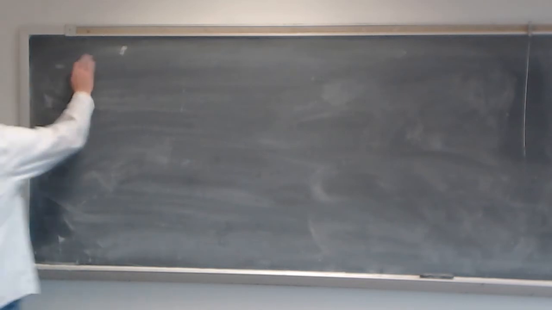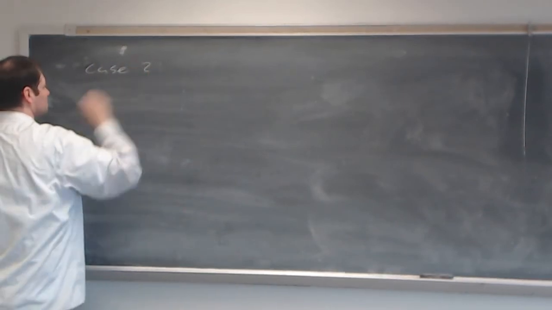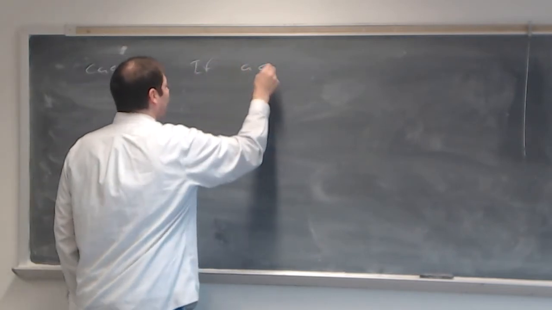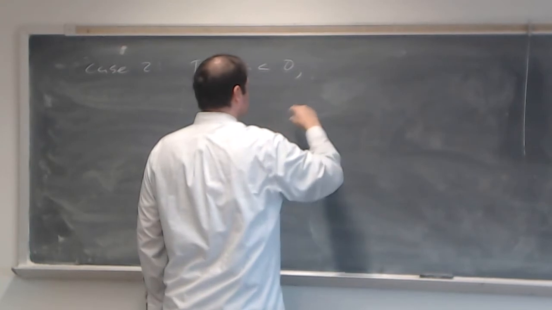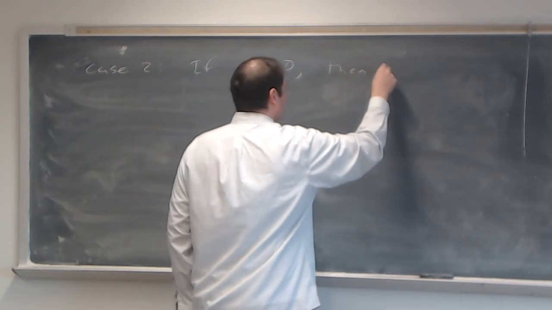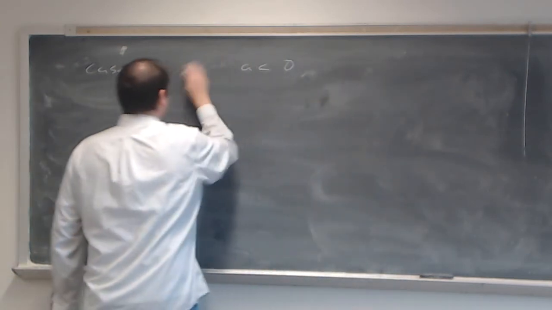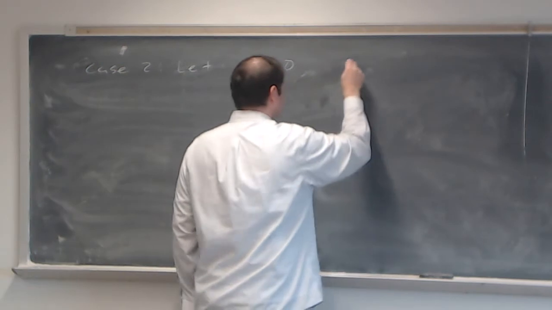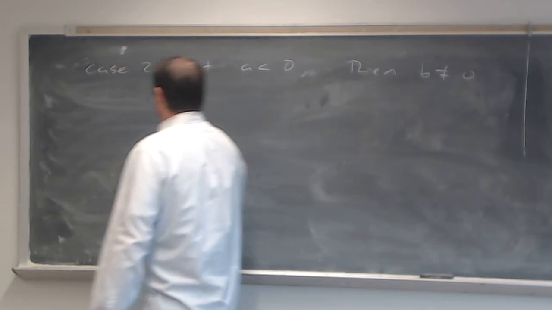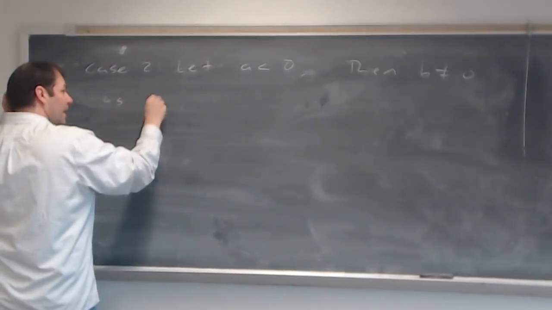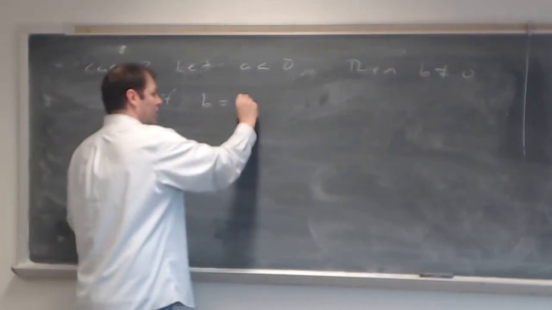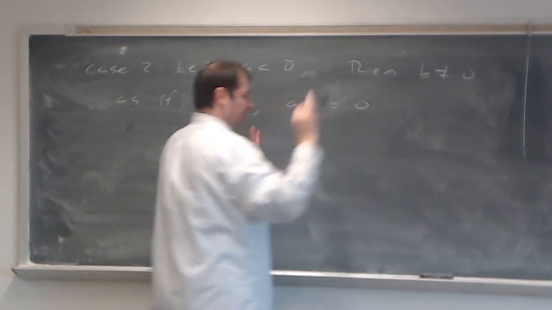Now, case 2. Let a be less than 0. Then b can't be 0, because if b were 0, a times b would be equal to 0. That's not happening.